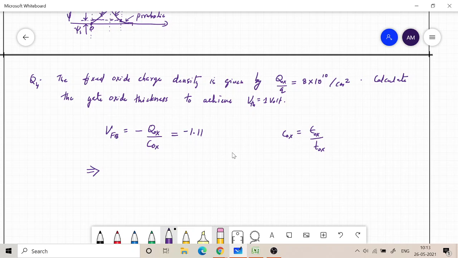So that means QOX by epsilon OX TOX equals 1.11.